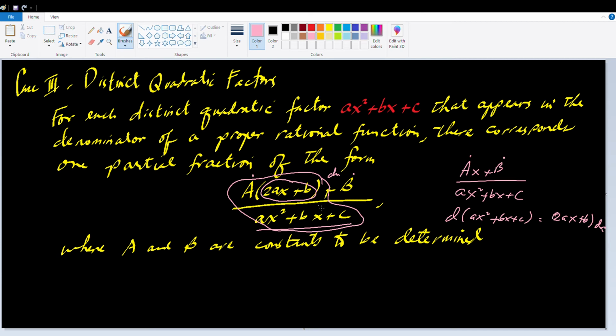And for it to be a proper rational function, the degree of the numerator should be at most 1 degree less than that of the denominator. Since the denominator is quadratic, meaning it is of power 2, then the numerator will be 1 degree less, or linear. So let us have an example.